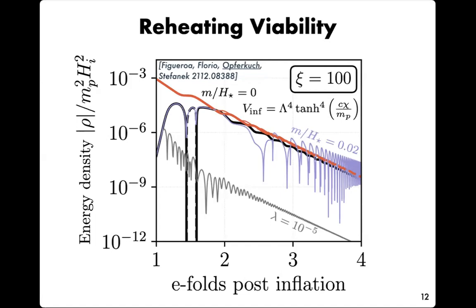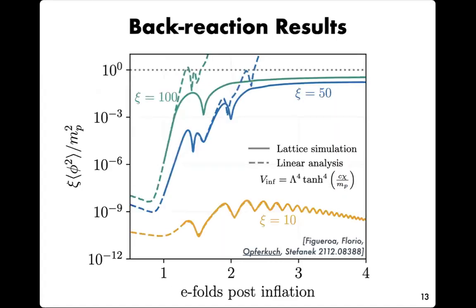So last but not least, I just want to show you a more clear picture of what is actually happening in terms of the field values for this non-minimally coupled field as it's getting driven. What I'm showing here is, on the dashed lines, again the result of this linear analysis, and the solid lines are the result of the lattice simulation.